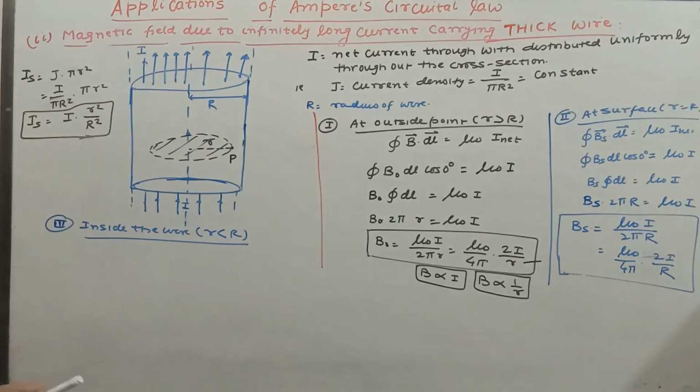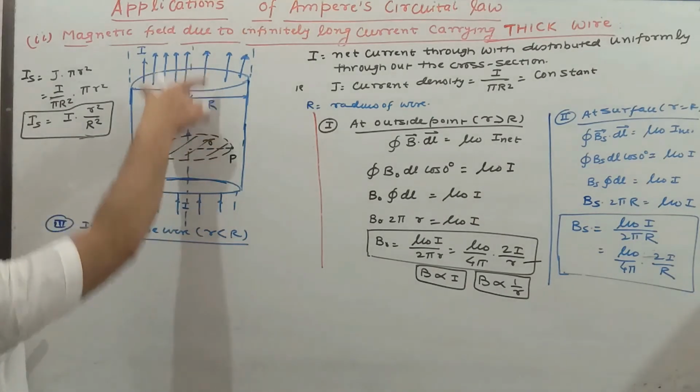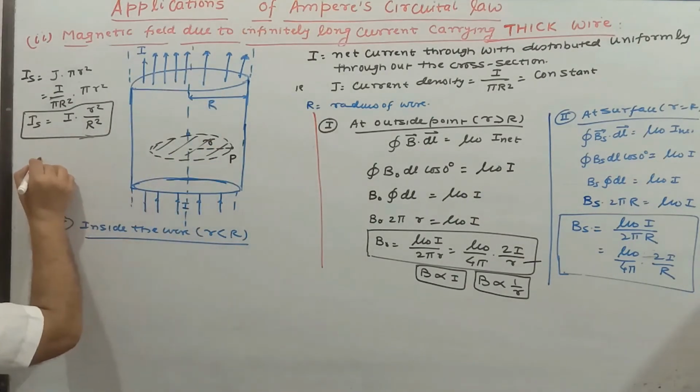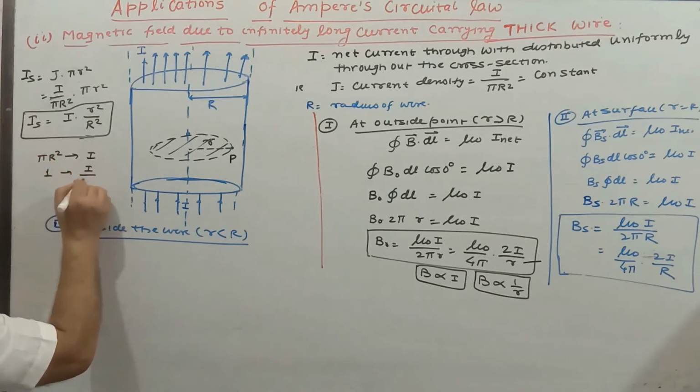By the unitary method also you can find this current through this section. Here you know the current through pi R square area is I. So the current through unit area is I by pi R square.